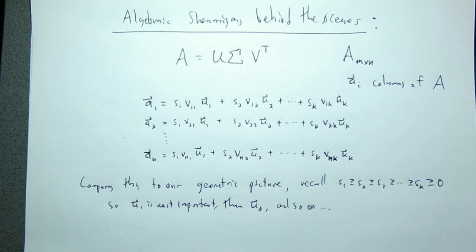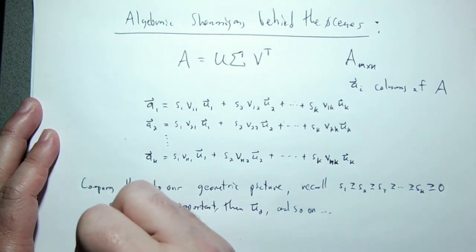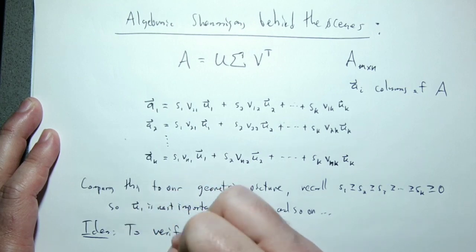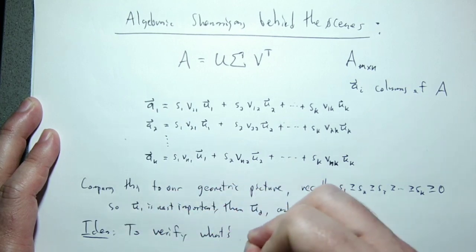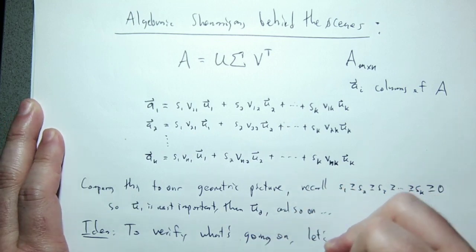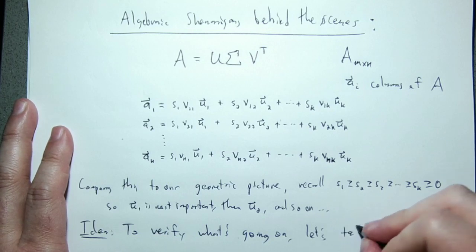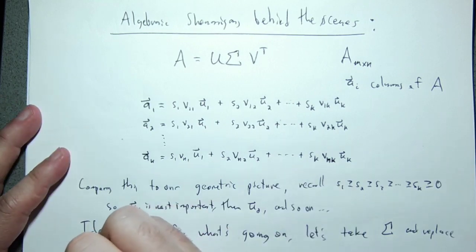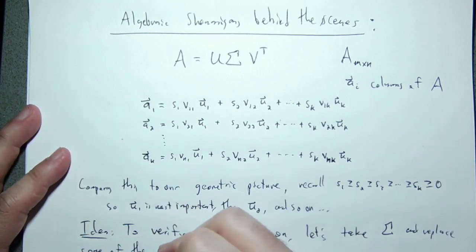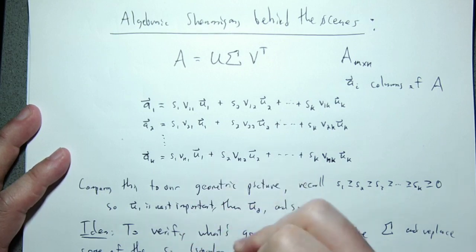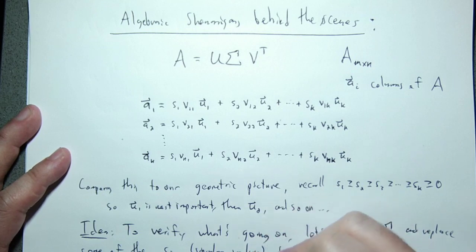Now, the idea to verify what's going on: let's take sigma and replace some of the S sub i, i.e. the singular values, by 0.